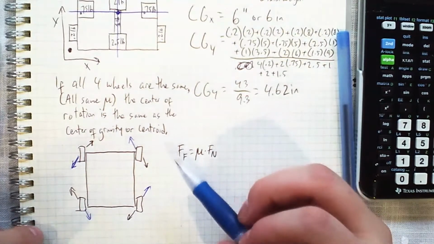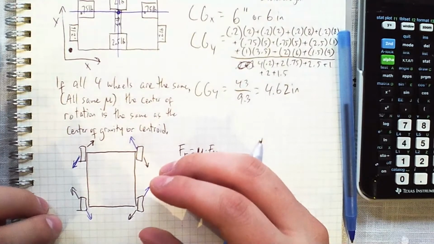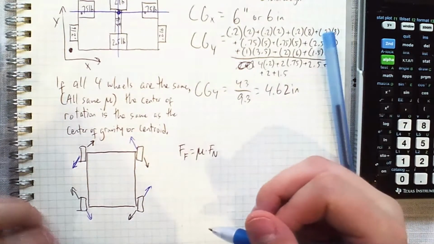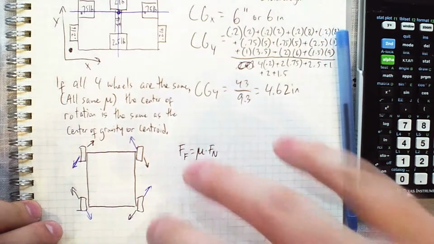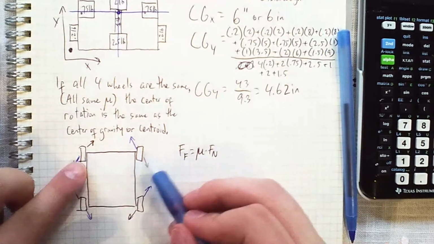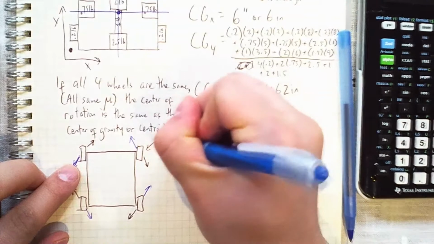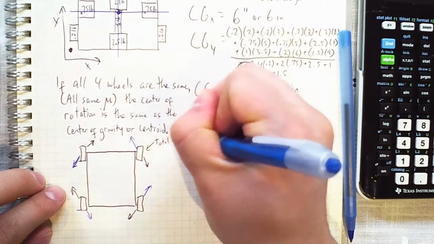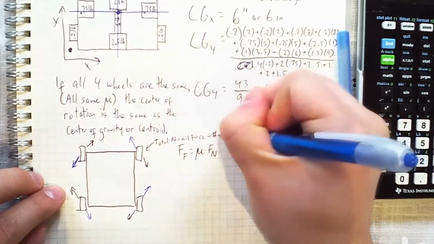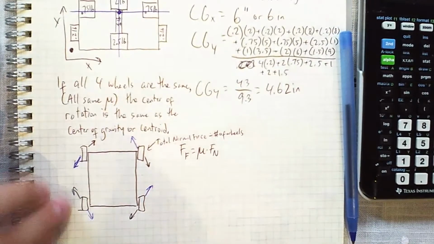So the way you can think about it is you have this normal force that's acting at a distance, depending on where your center of gravity is. But that normal force is evenly distributed amongst the four wheels. So at each wheel, the normal force is total normal force divided by the number of wheels, which in this case would be four wheels.